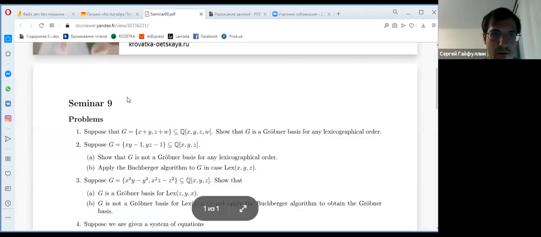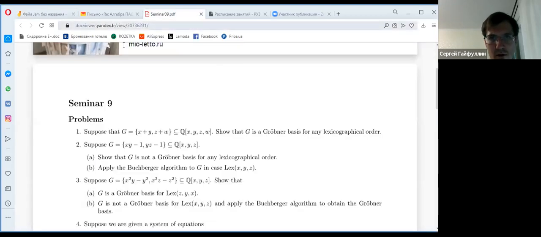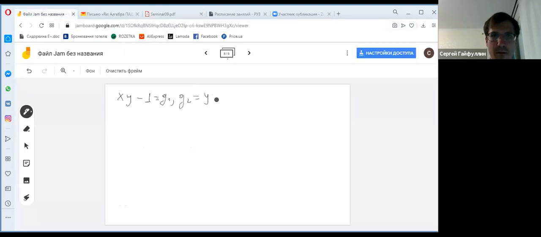Okay, let us do it with our system. First of all, for standard lexicographical ordering, I have two polynomials: xy minus 1, this is g1, and g2, which is equal to, let me see, yz minus 1. So I need, first of all, my ordering.